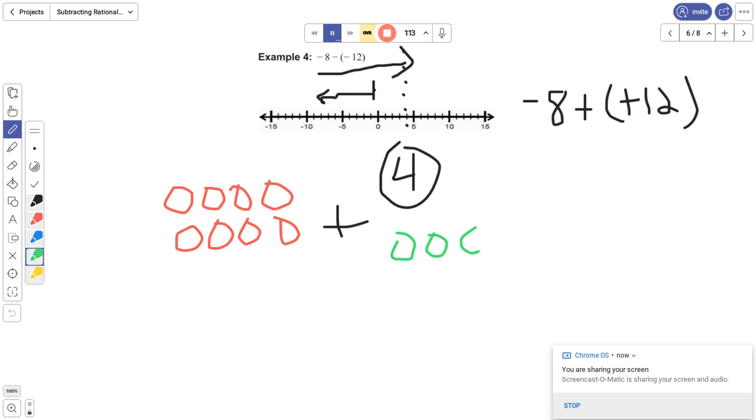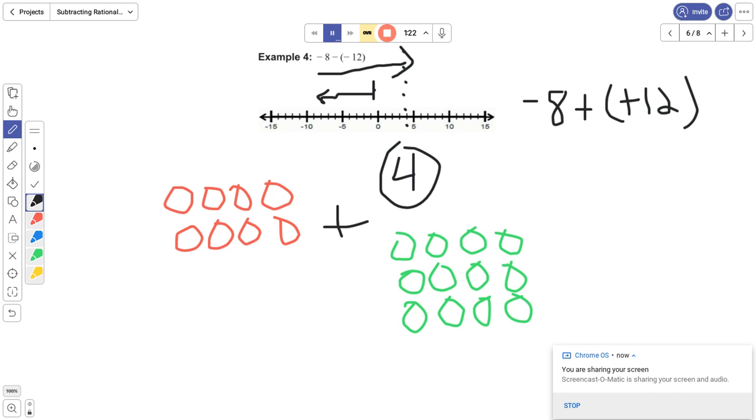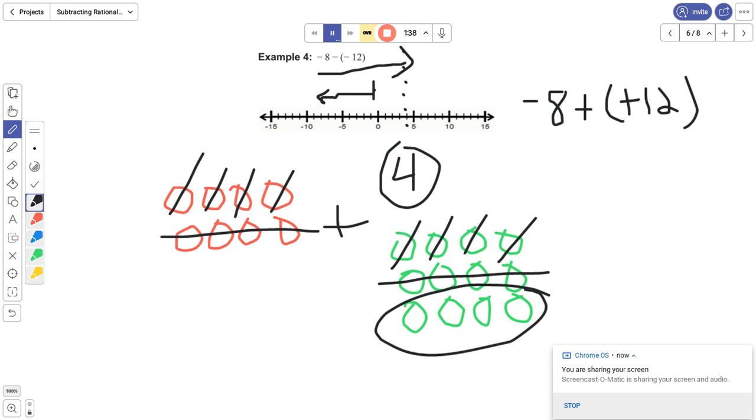And it looks like I have 8 negative chips and 12 positive chips. So if I cancel one on the left side, cancel one on the right side, and I keep going. If I cancel 3, I can cancel 3 more. If I cancel 4, I'm left with 4 positive chips.